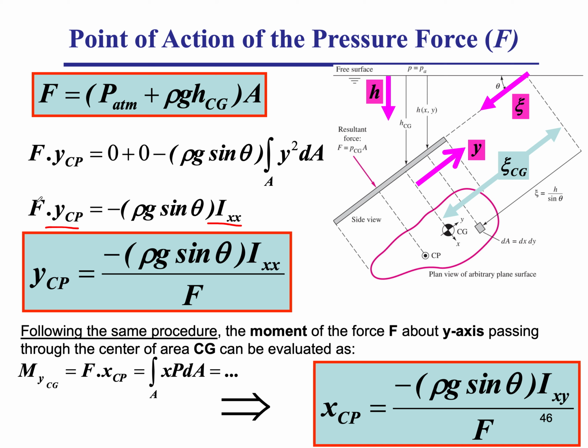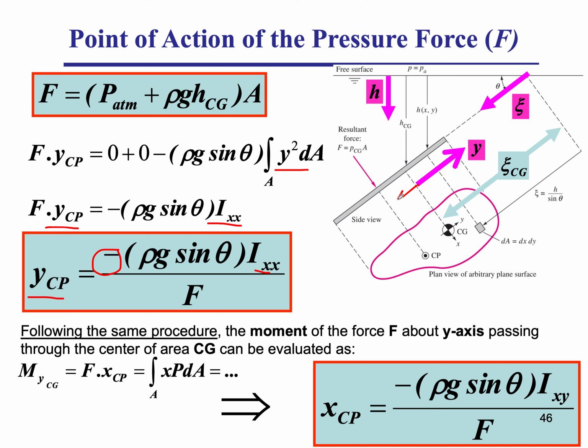So now I can find my YCP. I'll just take the F to the other side, so I'm dividing by it. So my location of the center of pressure relative to the center of gravity is rho g sine theta IXX over F, and it has a minus sign. IXX, because it's a y squared dA, is always positive. The sine theta is positive, rho g is positive, the F is positive. So YCP is a negative number, which means it's in the opposite y direction.